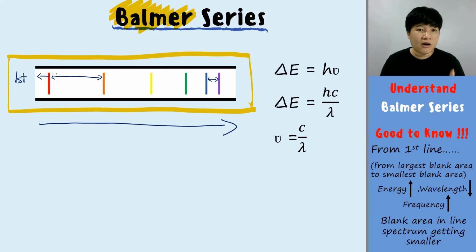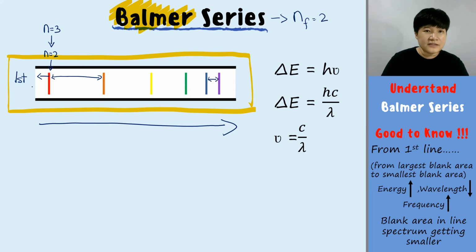First line of the Balmer series means you form this line when the electron drops from n equals 3 to n equals 2. Why n equals 2? Because it's the Balmer series, where n final is 2. So the first line must be from 3 all the way to 2.